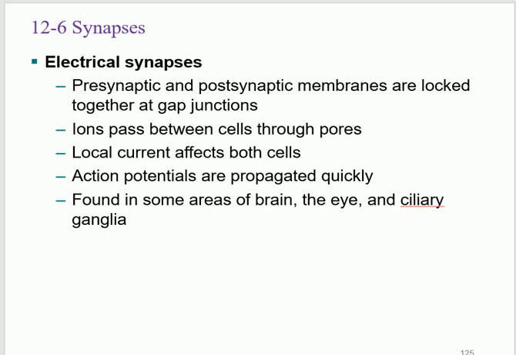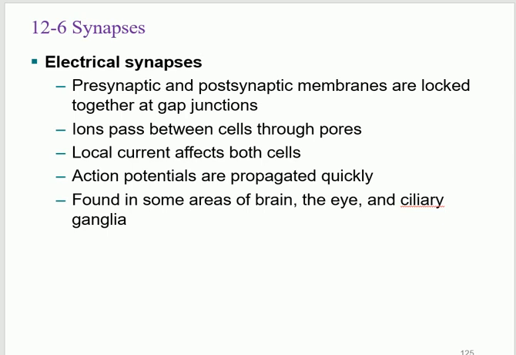So electrical synapse is when those two are in direct contact with each other, and they are locked to each other, so ions can move from the pre to the post because they touch each other. And this one is located in the brain, in the eye, and the ciliary ganglion. Yes, remember these exceptions, because the chemical is everywhere else.